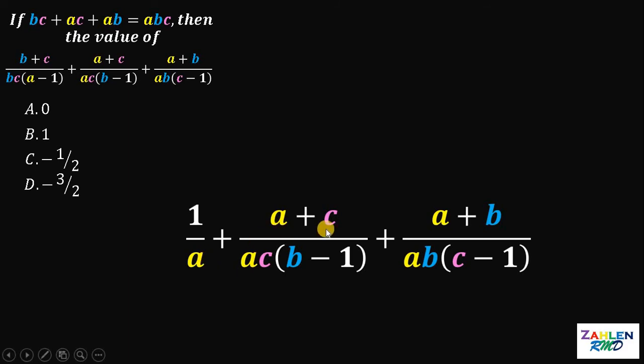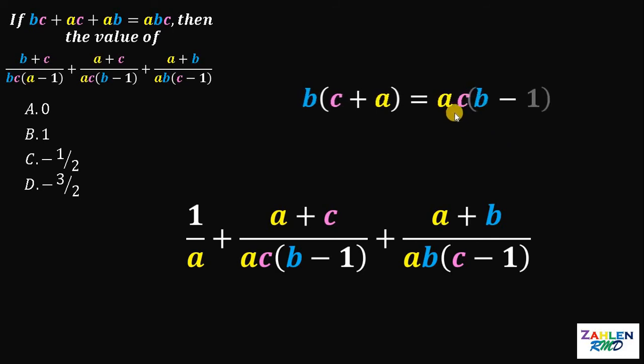Now, how about (A plus C) over AC times (B minus 1)? Again, let's have our equation. Let's subtract AC on both sides. We will do the same thing. Let's factor out B on the left-hand side, so we have B multiplied by (C plus A), and factor out AC on the right-hand side. This will give us AC multiplied by (B minus 1).